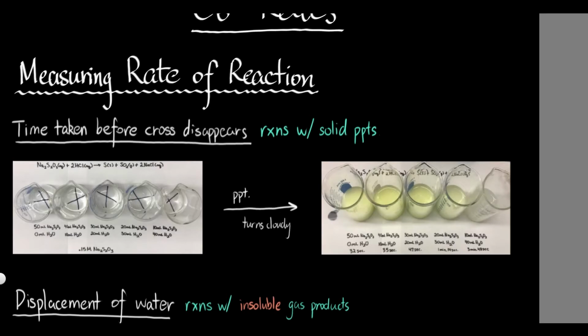But whatever. Basically, you would have different concentrations of this sodium thiosulfate solution, and you might be able to see here, it has 50 plus 0, 40 plus 10, 30 plus 20, and so on.